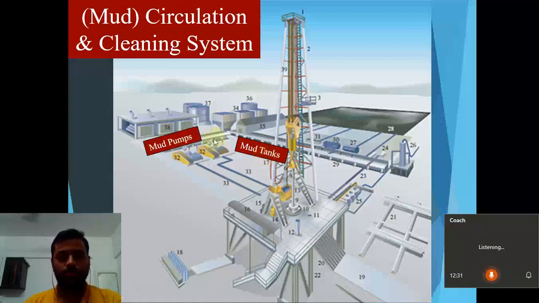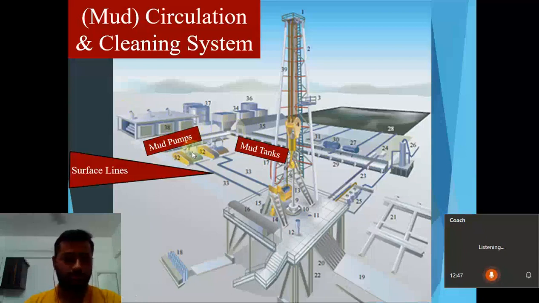Then we have mud pumps. These take the mud from the mud tanks and pump it. There can be two, three or four mud pumps, depending on the rig and its size. Mud pumps can be duplex or triplex, depending on whether they have two or three pistons.